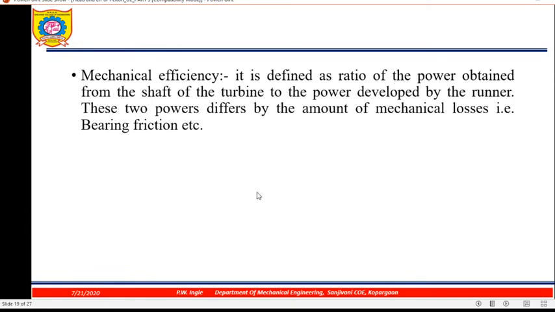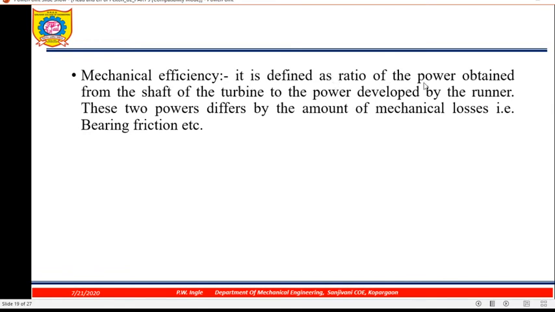Initially it is input energy in the form of hydraulic energy. Hydraulic energy is used to get the work done on the runner. The runner power will give its power to the shaft, so there will be some losses. Because of that, the mechanical efficiency term comes.